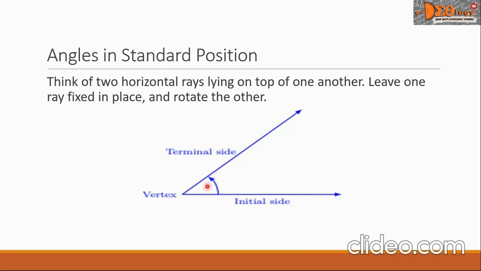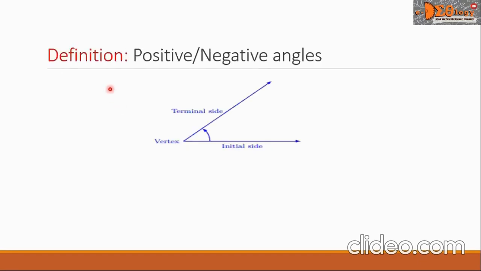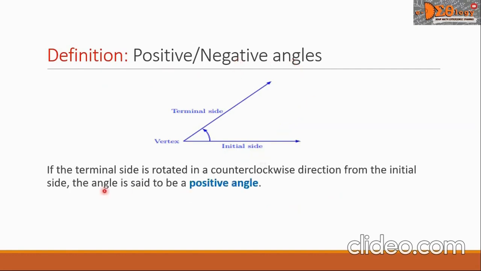the rotation. Let us define positive or negative angles. If the terminal side is rotated in a counterclockwise direction from the initial side, the angle is said to be a positive angle.